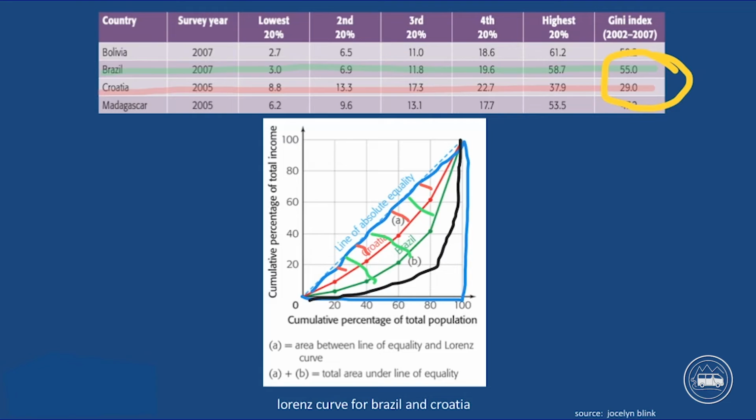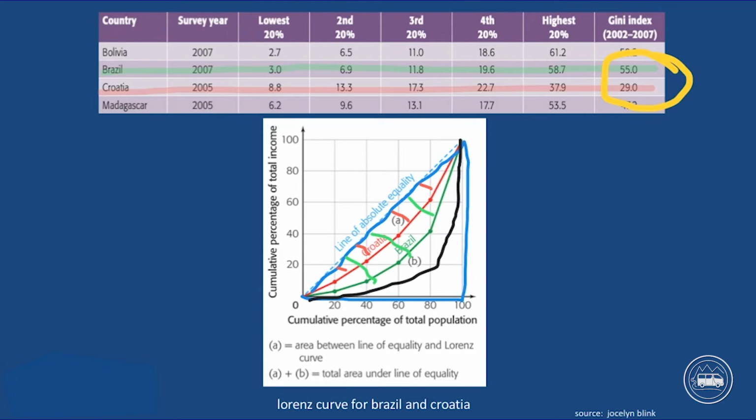This black line right here represents a country that has a more disproportionate, unequal distribution of income than Brazil. And Croatia has a more even distribution than Brazil does. So therefore, this is only 30% of the total blue triangle, the green is about 50%, and this black one would be about 70%.